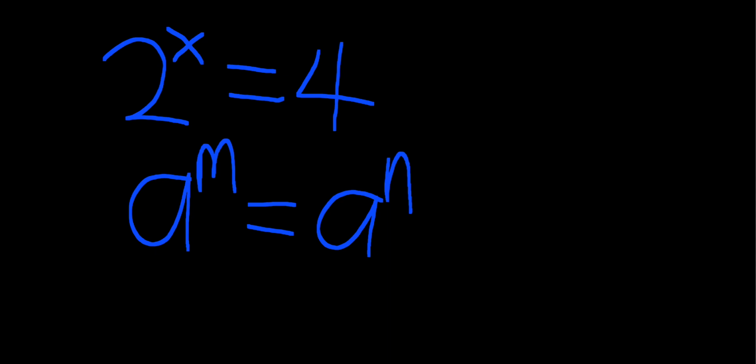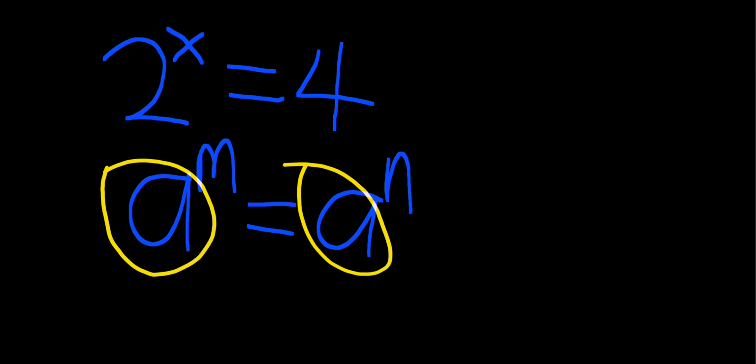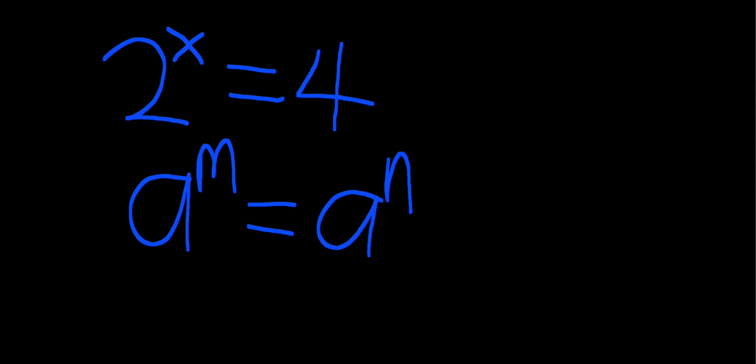So the law is saying that if the bases are the same, then the exponents are equal to each other. Or, if the bases are the same, then equate the exponents.